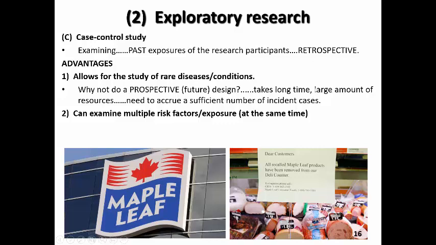The second advantage is that the case control study can examine numerous risk factors or exposures at the same time. Some examples include exposure to viruses, working in an environment with asbestos or lead, a person that has reported an excessive amount of sunburns, a person's previous alcohol consumption.